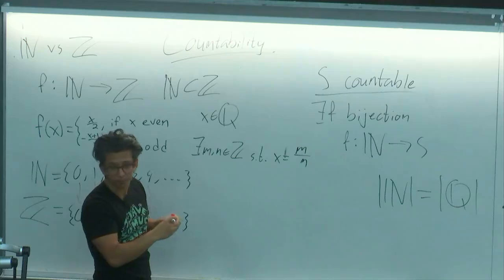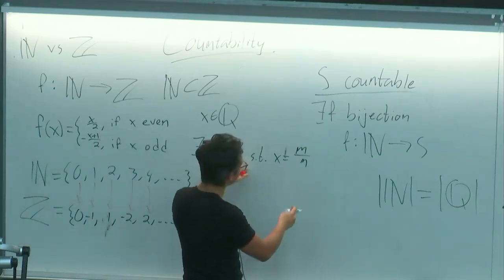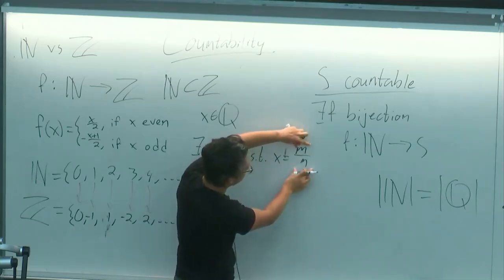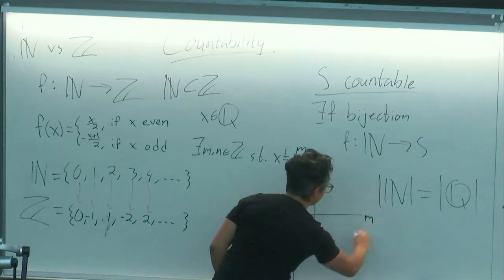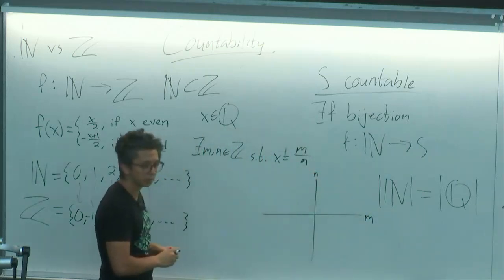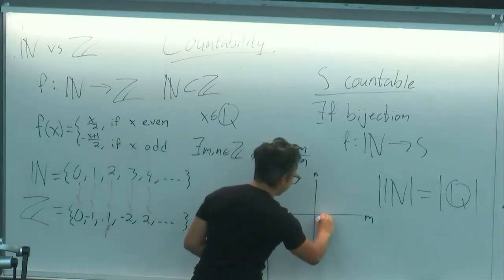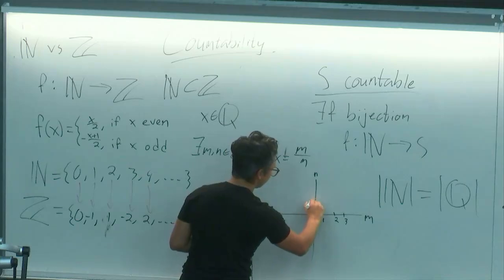And one way we can look at the rational numbers, m over n, is that there's two integers here. We can think of it as, here's all of our possible m's, and here's all of our possible n's. So if I have 1, 2, 3, and so on, 1, 2, 3.